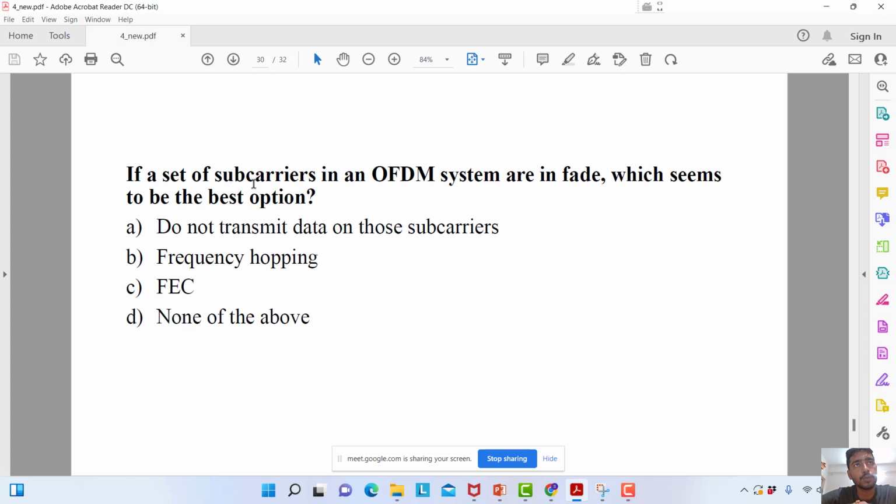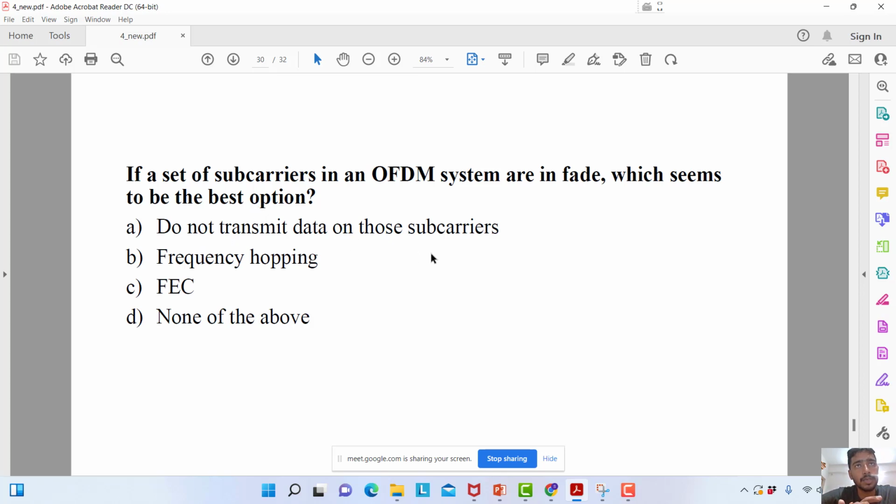Next question: if a set of sub-carriers in an OFDM system are in fade, which seems to be the better option? The last question was related to the GSM system; in this question we are talking about the OFDM system. So a set of sub-carriers in our OFDM system are going into fading. How can we avoid our system going into the fade?